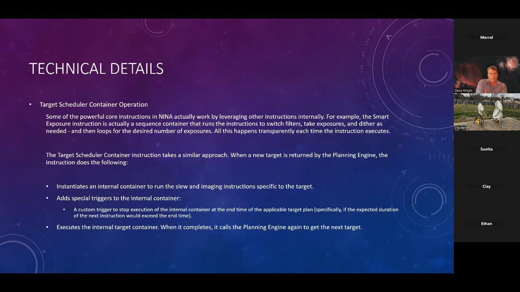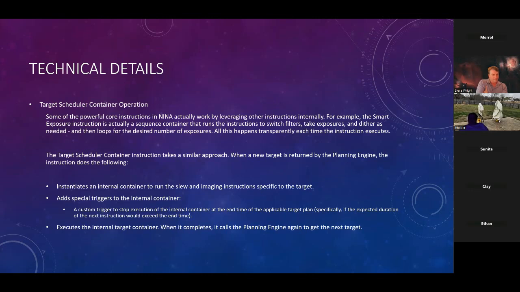Technical details: you've got the target scheduler container operation, and this is where pretty much everything core actually works. It uses the core instructions of NINA. It does an internal container that runs slew and imaging instructions specific to the target, and adds special triggers to the internal container.